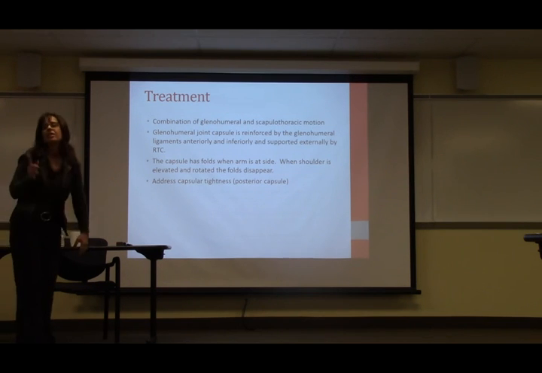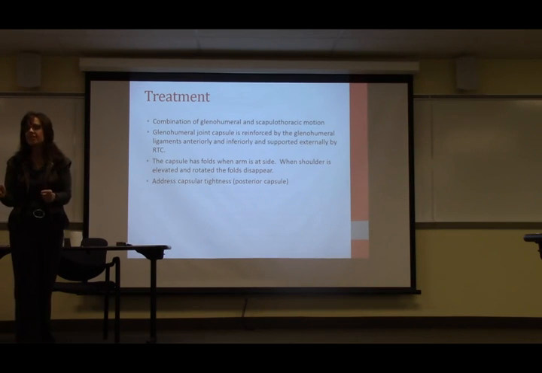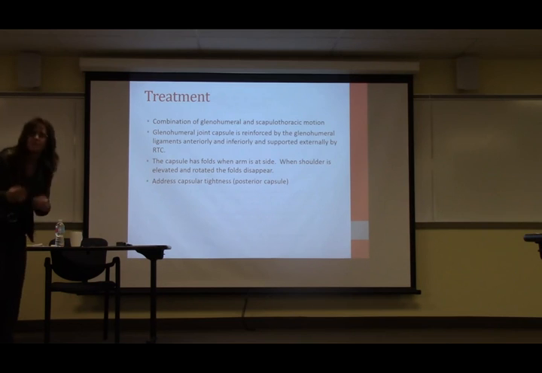I then can grade the exercise to an easier exercise by closing the chain, okay? The way I close the chain is I put something on my distal extremity to make it easier to move. So my patient was doing this, right, unsuccessful.